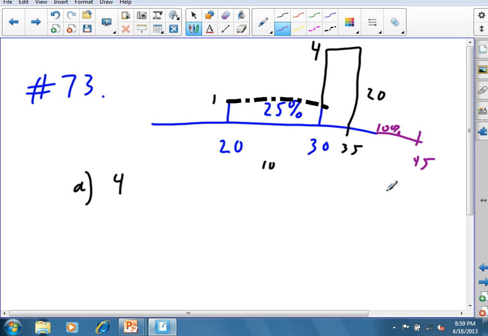Okay, so that's going to be... so if 50% gives us 20 for an area, then 10%, if 50% gives us a 20 area, then 10% is going to give us a 5 area, right?